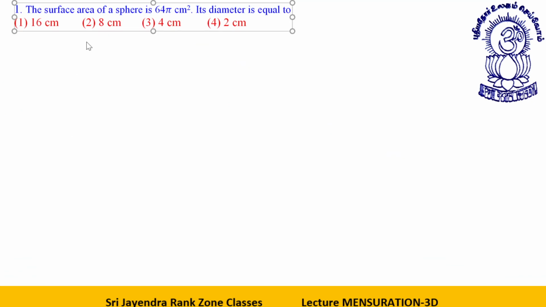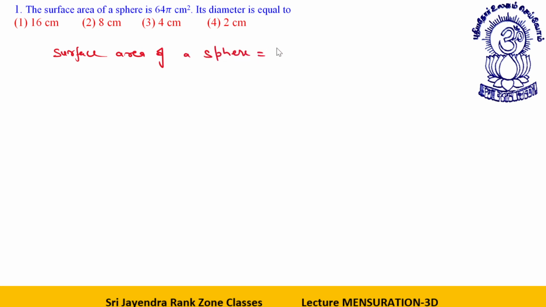Surface area of a sphere. What is the surface area of a sphere? Surface area of a sphere is equal to 4 pi r square. This is equal to 64 pi. This implies pi and pi cancel. 4 cancel with 64 to give you 16.